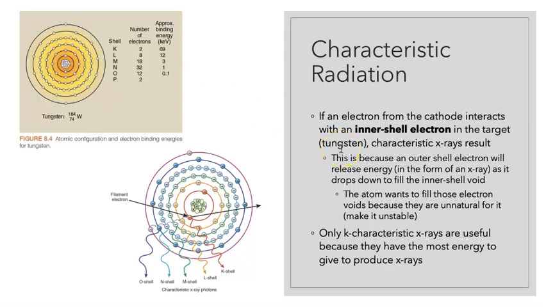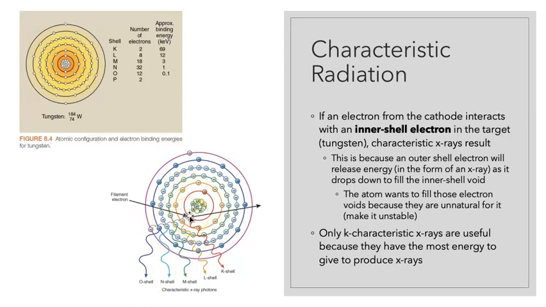So if an electron from the cathode interacts with an inner shell electron of this tungsten atom, we could get a characteristic X-ray. This is because an outer shell electron will actually release its energy in the form of an X-ray as it drops down to fill the inner shell void.